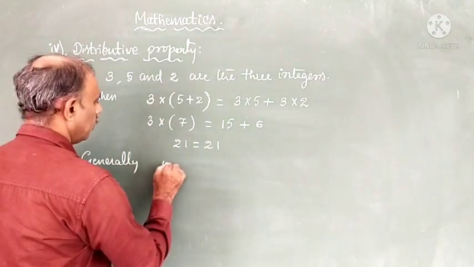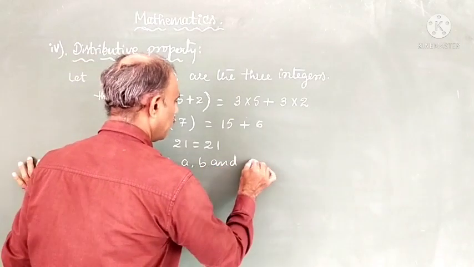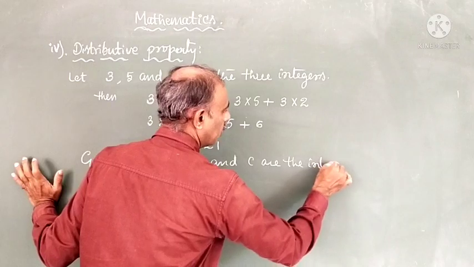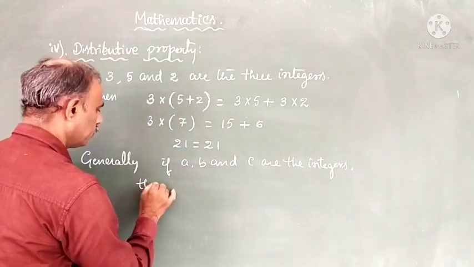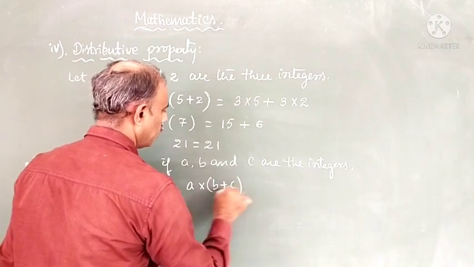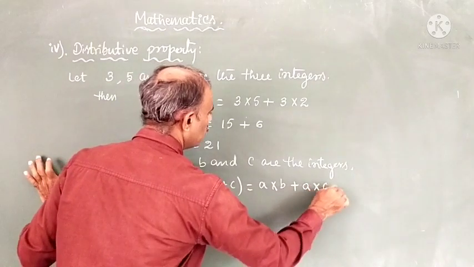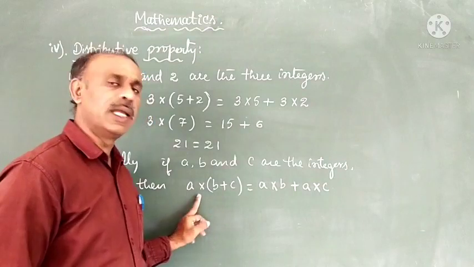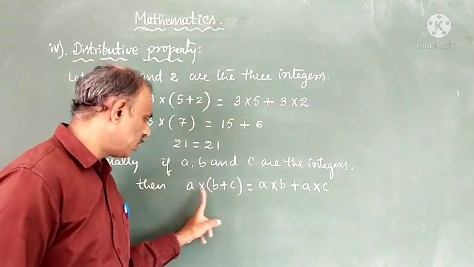Generally if A, B and C are integers, then A into B plus C is equal to A into B plus A into C. Distributive property means A into B plus C is equal to A into B plus A into C.